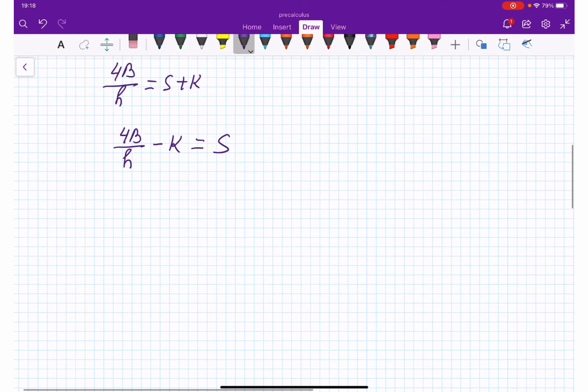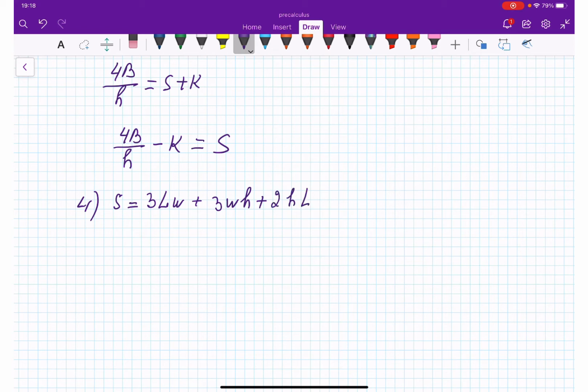Next, S equals 3LW plus 3WH plus 2HL, and we need to solve for H. Okay, we have 2H times L here, and 3WH here.